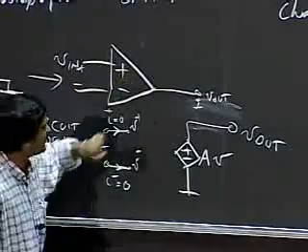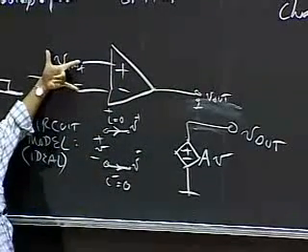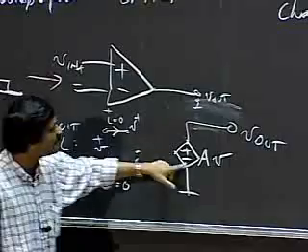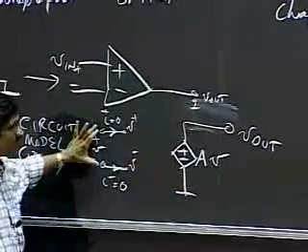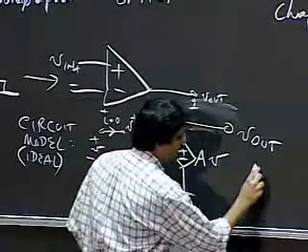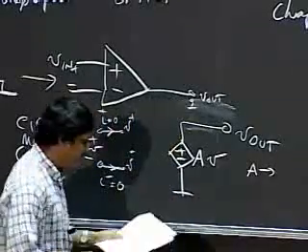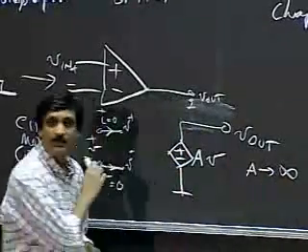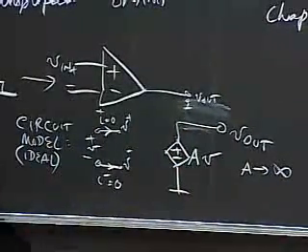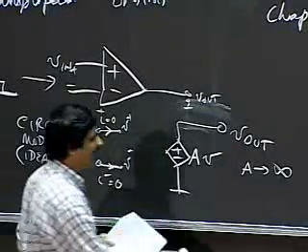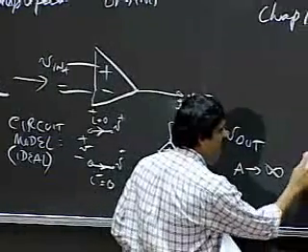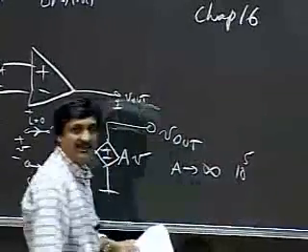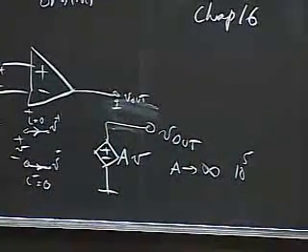Think of these three terminals I've shown you here. I apply an input across these, and the output is going to be A times whatever I apply. And A is going to tend towards infinity. A is going to be huge. Specific values for A might be 100,000 or a million or things of that sort.